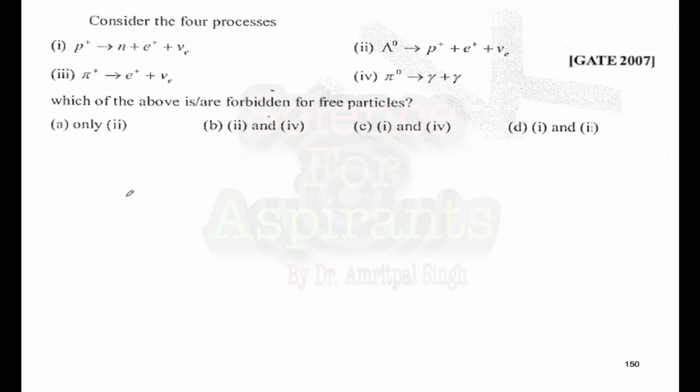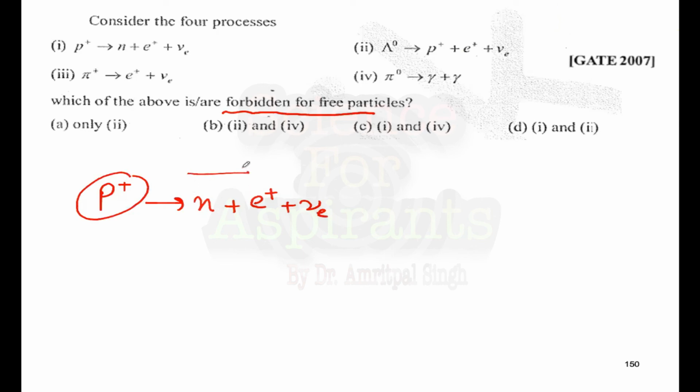The next example: considering these 4 processes, which of the above are forbidden for free particles? Now, if you look at the first example, a proton decays into neutron plus positron plus neutrino. For a free proton, it cannot decay in this reaction.